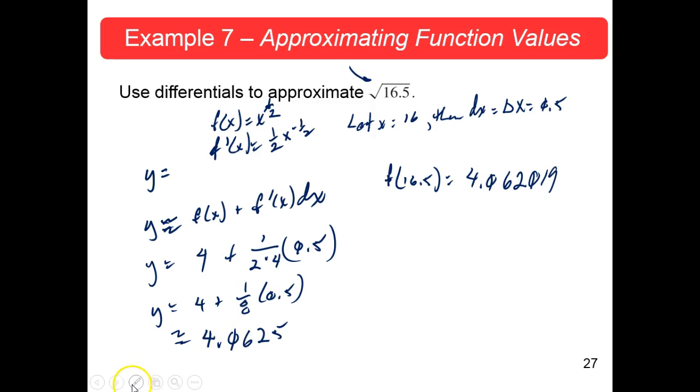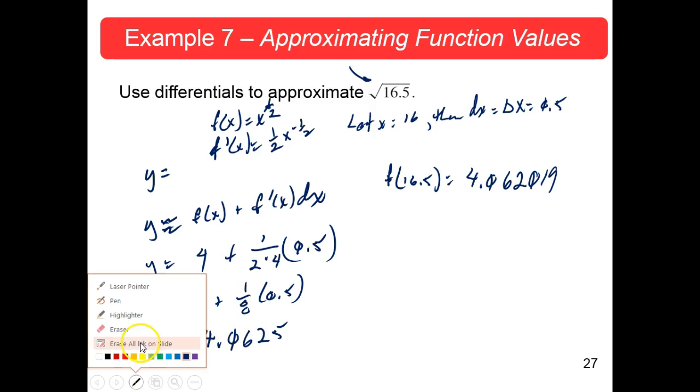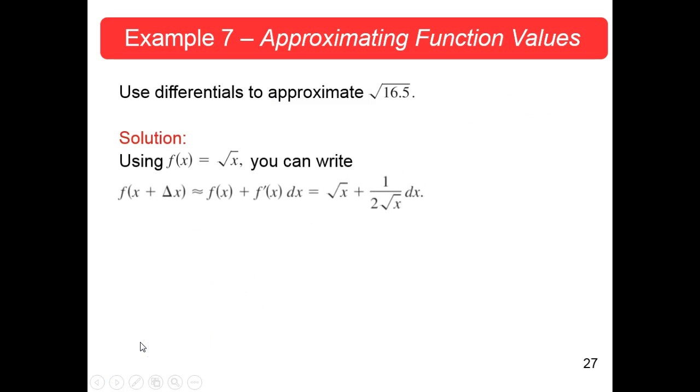But anyway, there is example 7. Let's see how they did it. Using f of x equals square root of x. I forgot to write that first thing. You write f of x plus delta x is approximately f of x plus f prime of x dx, which is the square root of x, that's your function, and then the derivative of that would be 1 over 2 times the square root of x.